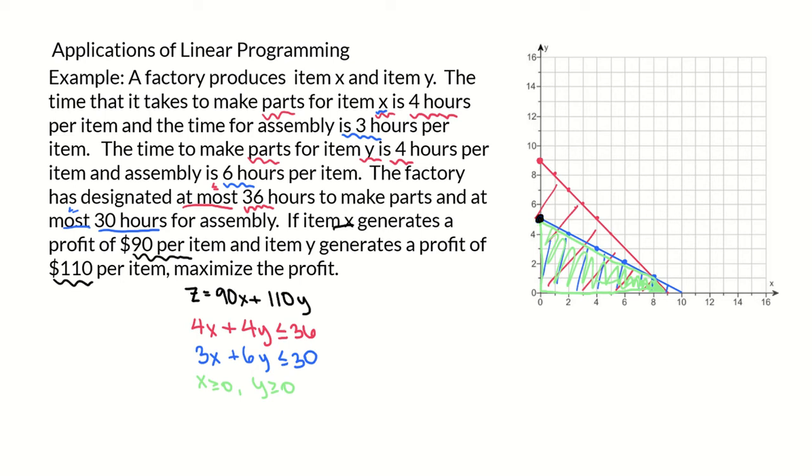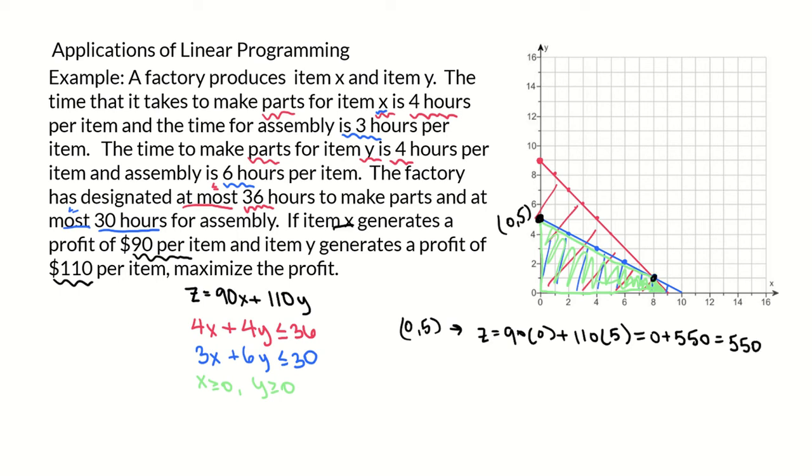Our first corner point is 0, 5. So we plug that into the z function, z equals 90x, so 90 times 0, plus 110 times y, so 110 times 5. That would be 0 plus 550. So the profit at that point is 550.